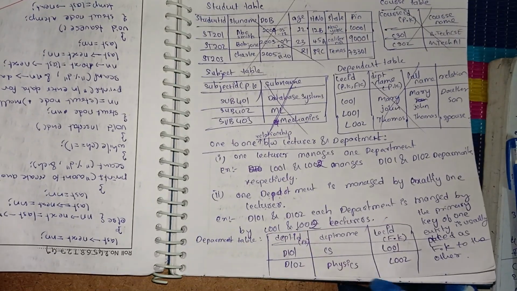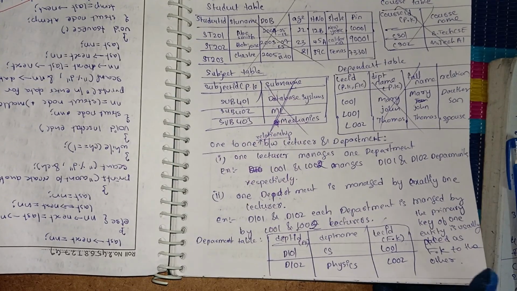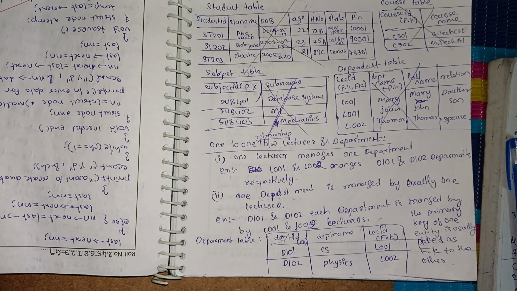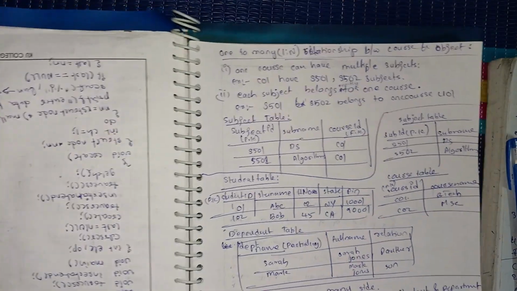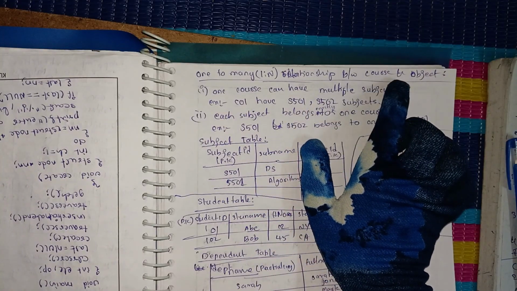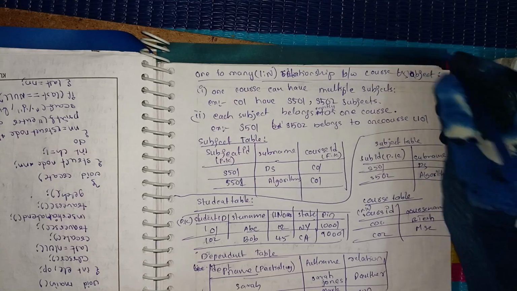Because the rule says that. Okay, and then we have a one-to-many relationship between course and subject.